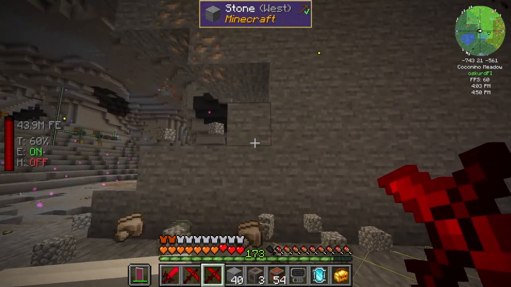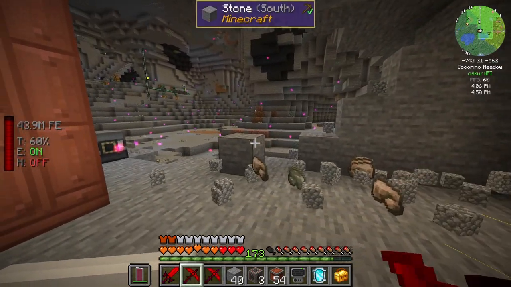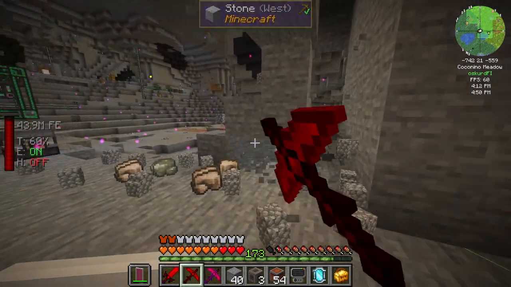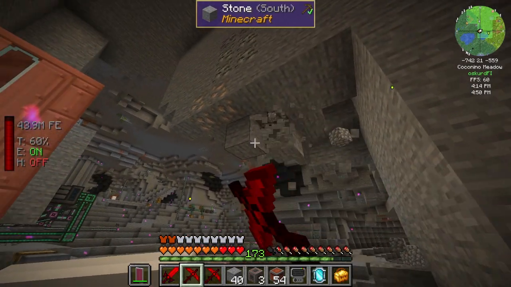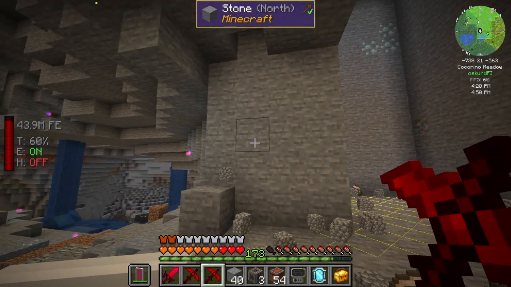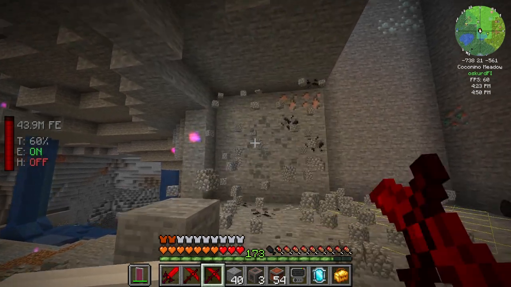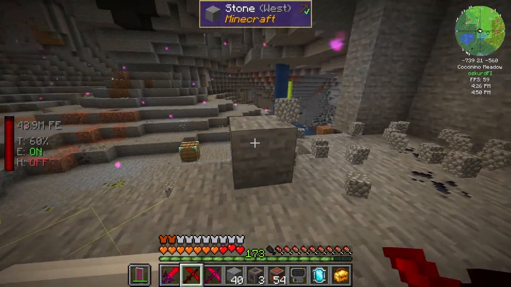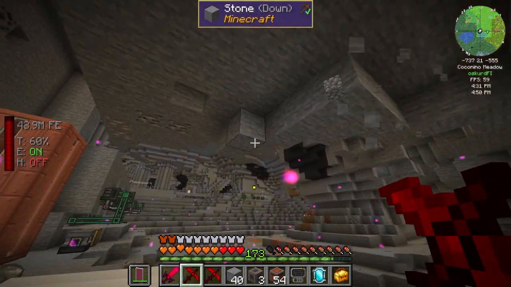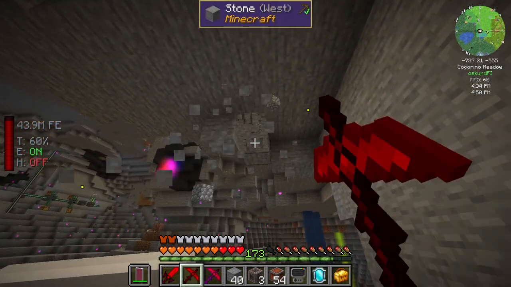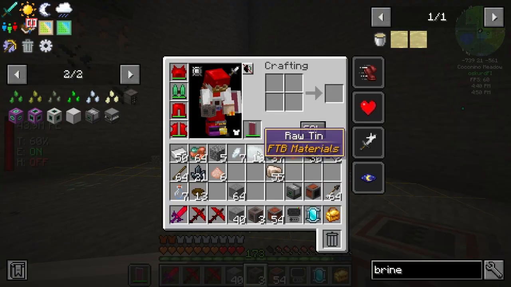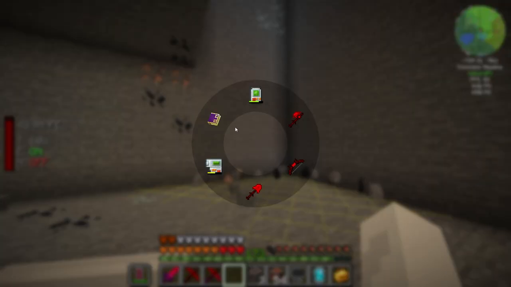Then hole from here. Okay, let's see what we have space to work with here. Then we need, of course, some light.